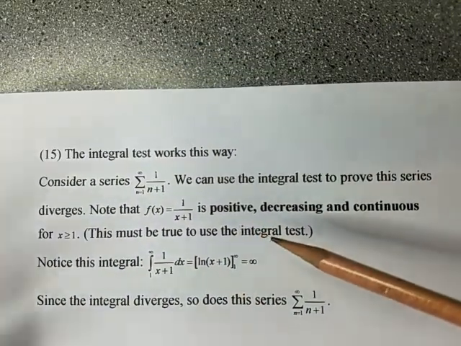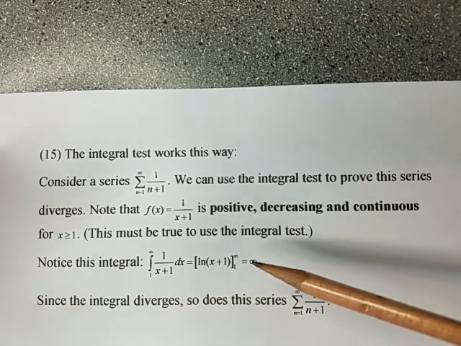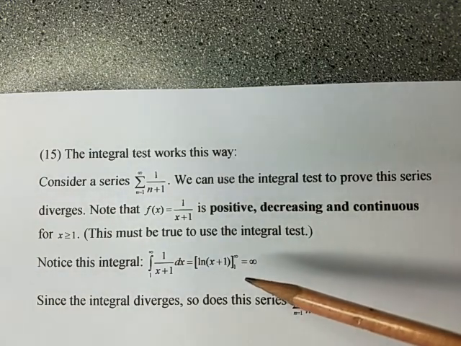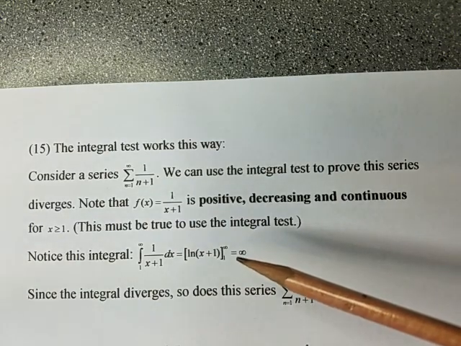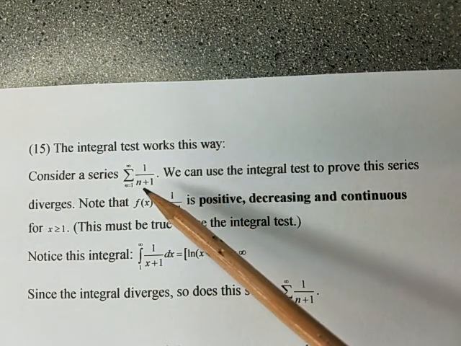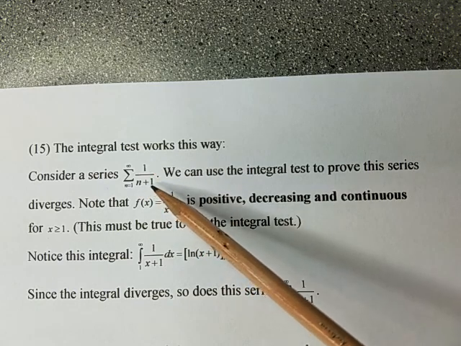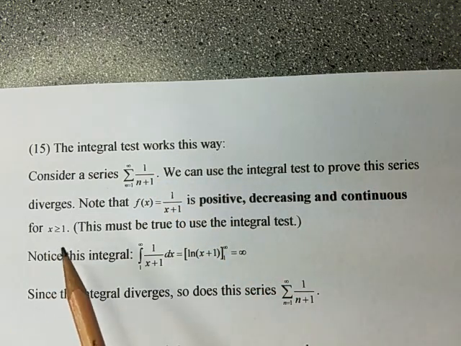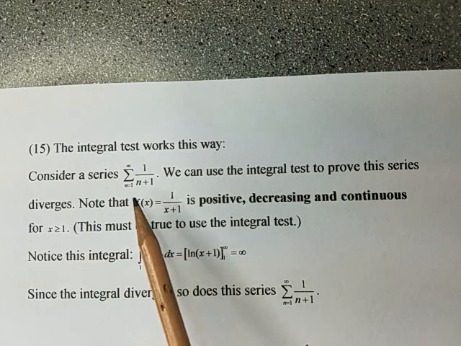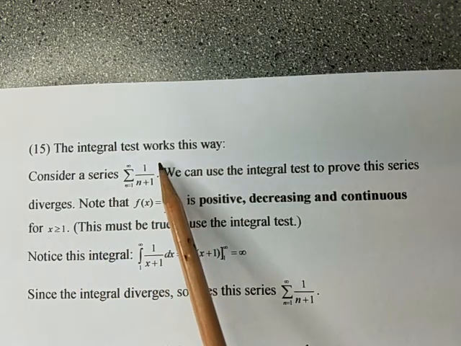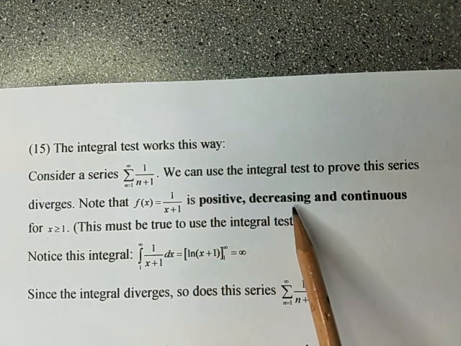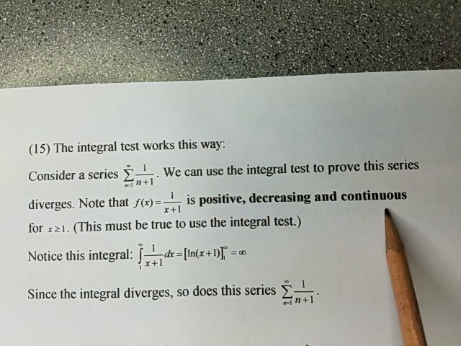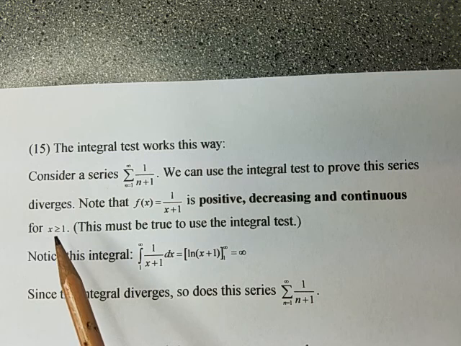And it might be the most complicated of all the ways we make decisions about series. So I'll show you the integral test. I'll give you some examples. So take this series from 1 to infinity, 1 over n plus 1. You can use the integral test anytime the function associated with that series is positive, decreasing, and continuous for x greater than or equal to 1.